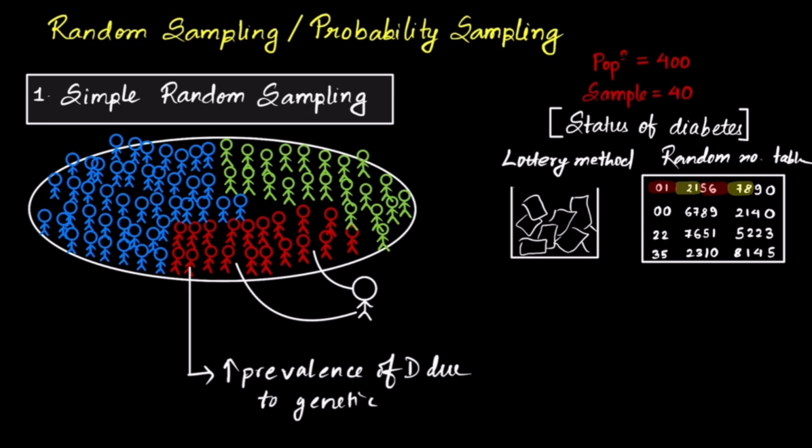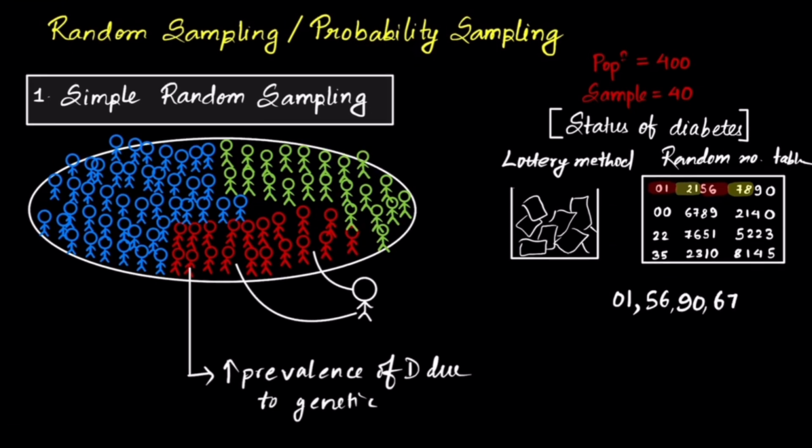But the problem is, let's say you use the random number table and the household numbers that you get are 01, which is basically 1, 56, then again remove 78, you get 90, remove 00, you get 67, remove 89, you get 21, and so on.